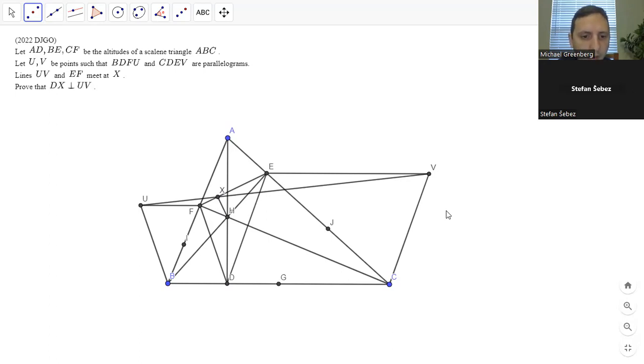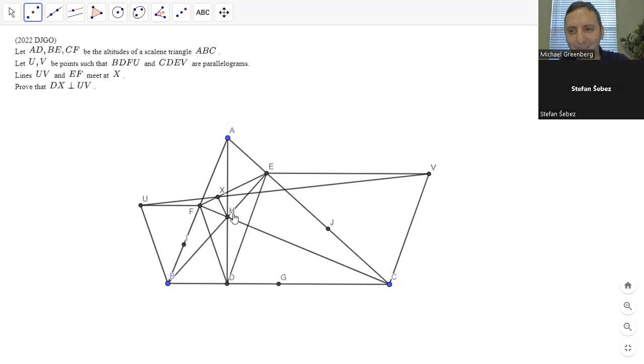That is probably not that hard, because then you want to show UF over FX is HD over HX, and that's probably just a calculation, because UF is BD and this triangle is similar to this, so then it's just ratios from there.